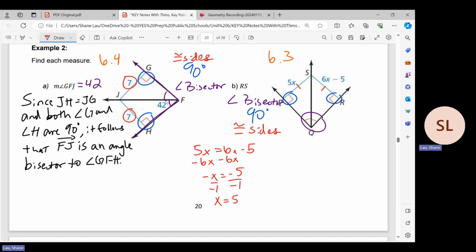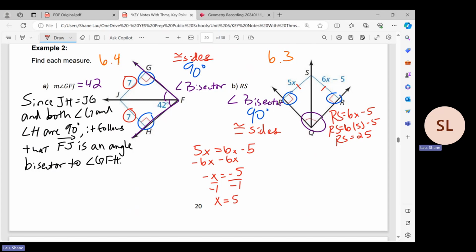Get an x value of 5. But remember, this is not our answer. We're looking for RS. RS is going to be 6x minus 5. Replace the x with a 5 and minus 5. And you simplify that down, you get 25.